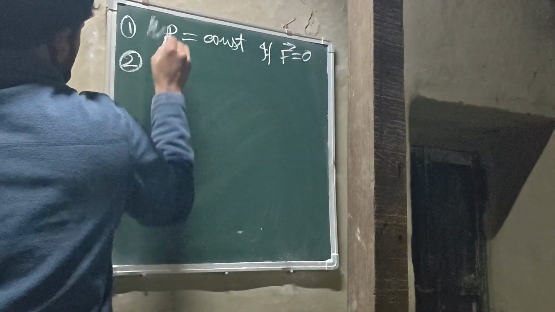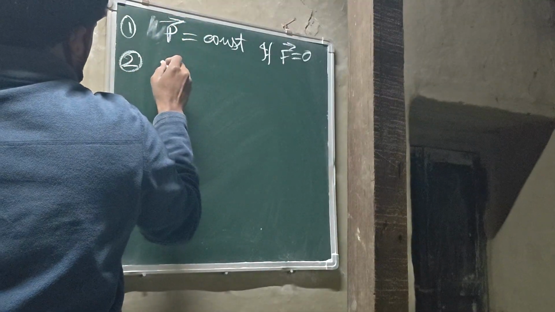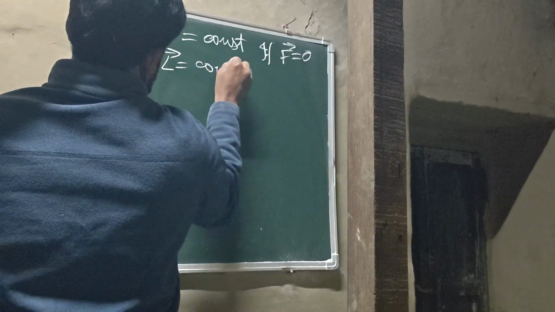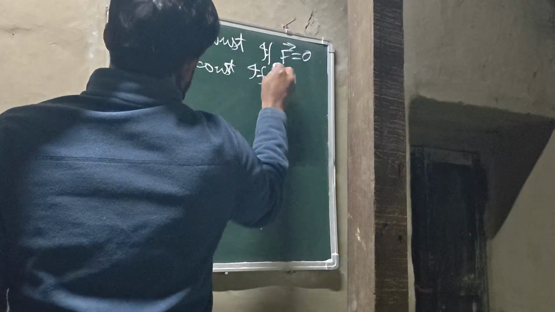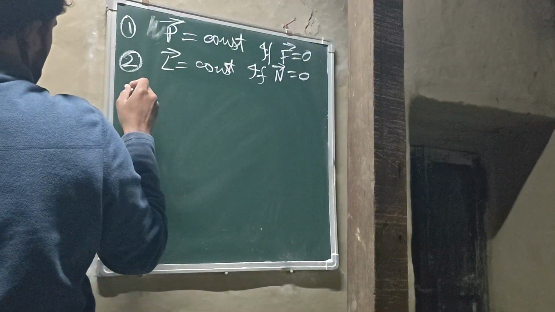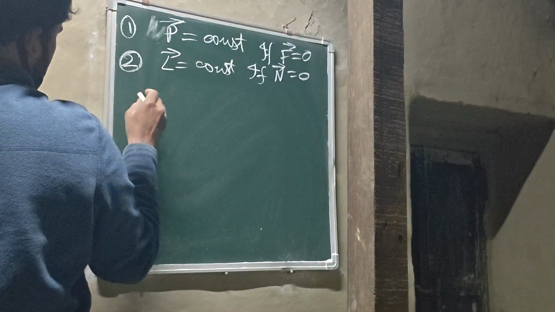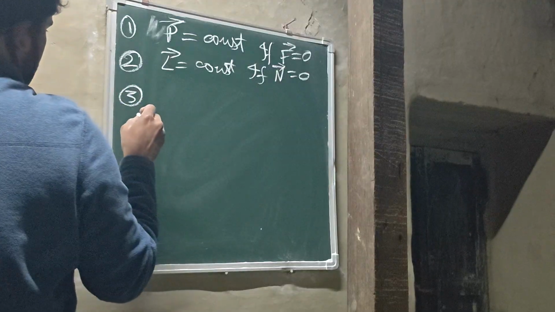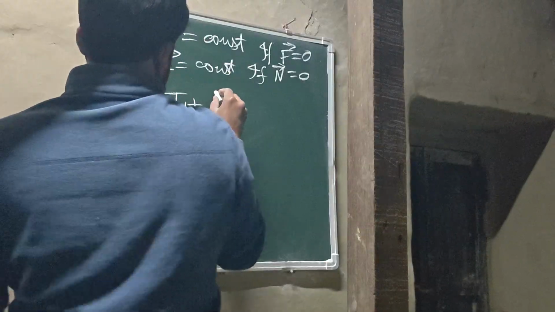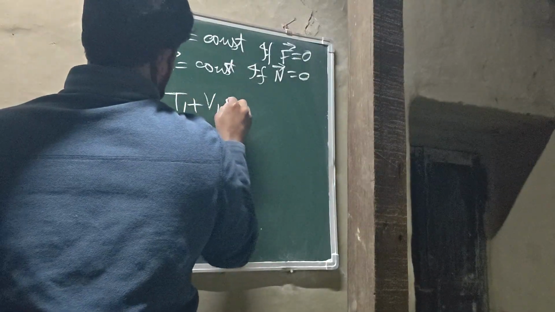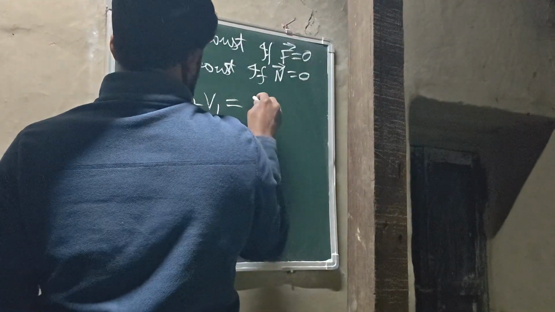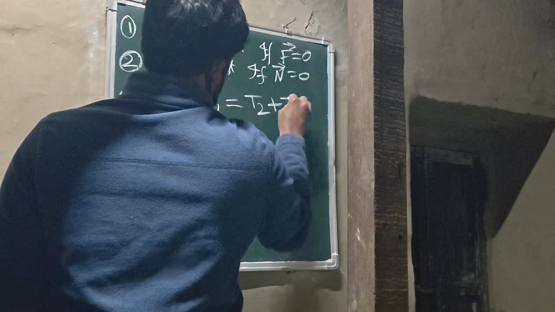And 2, angular momentum L equals constant if torque tau equals 0. And at last we get that the total mechanical energy, or total energy of a mechanical system, a particle or a body, is constant in time.